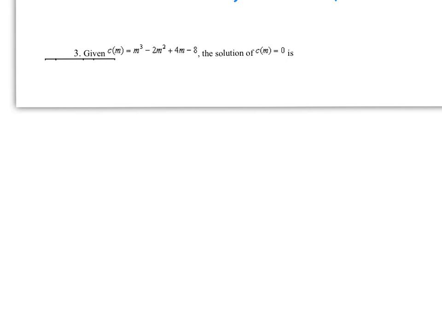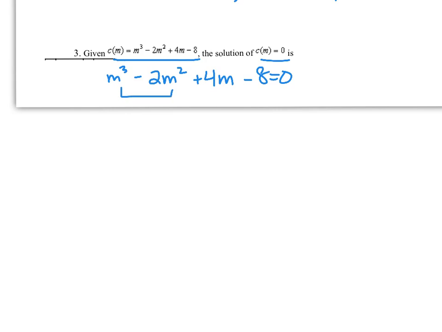All right, so my answer choices are cut off here, but you should see them on your page. Basically what they want you to do is take the C of M equation, which we have right here, and set it equal to 0, which means they want you to solve it. So we're going to have m cubed minus 2m squared plus 4m minus 8 equals 0.